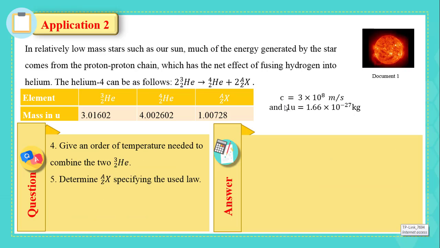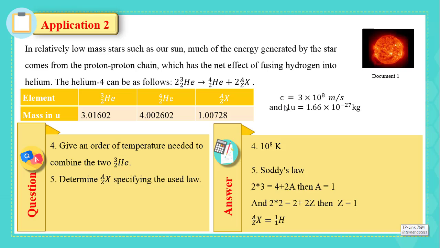In the fourth question, we have to give the order of temperature needed to fuse two helium-3 nuclei. It is approximately equal to 10 power 8 Kelvin. In the fifth question, we have to determine X using a specific law. We apply Soddy's law.